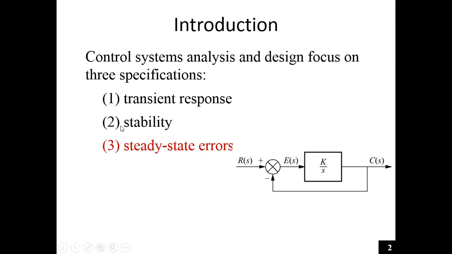Next, we discussed stability: if the natural response grows without bound as time approaches infinity, the system will be unstable. And if the system is stable, we are now ready to discuss the steady state error.